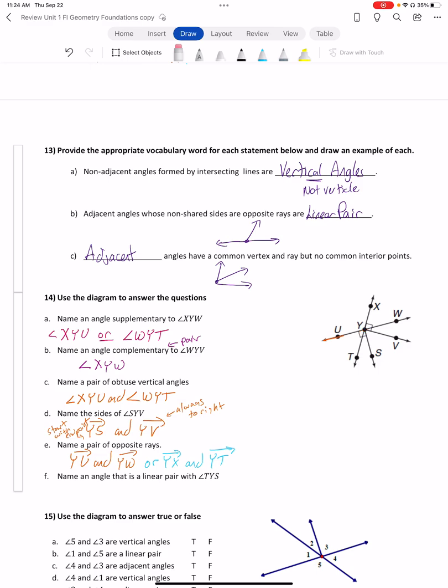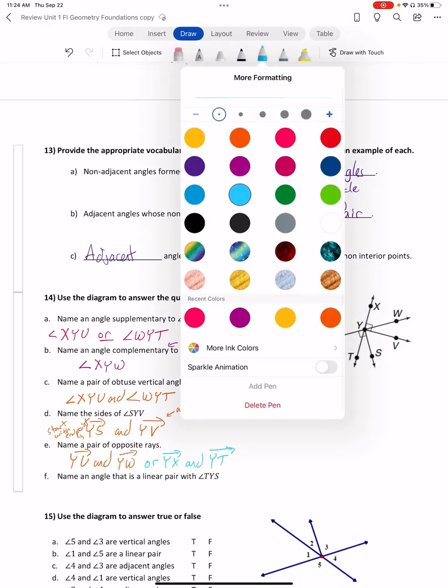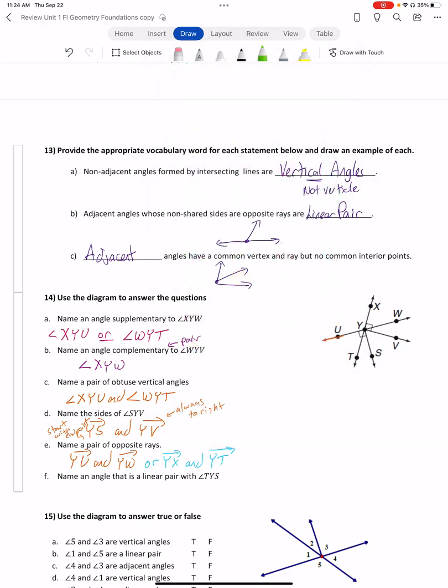Okay. Last one of these for this diagram is name an angle that's a linear pair with TYS. So TYS. So we're looking for one that's on the same line that's adjacent. So I could have an angle on this side or I have an angle on this side in theory. It's going to have to share this line with TYS. So I look here and I'm like, oh, okay.